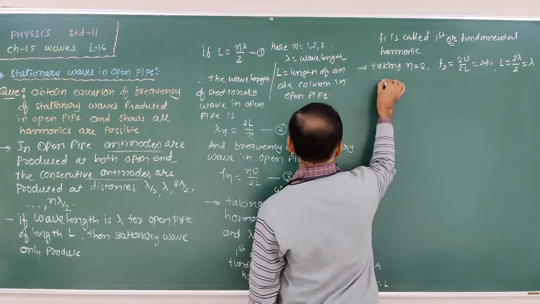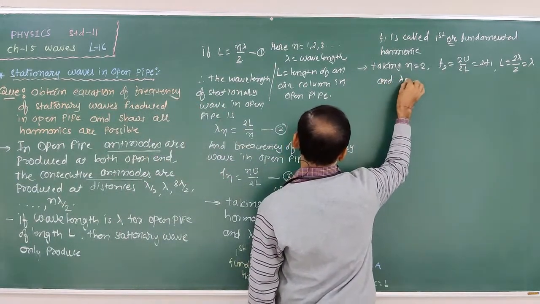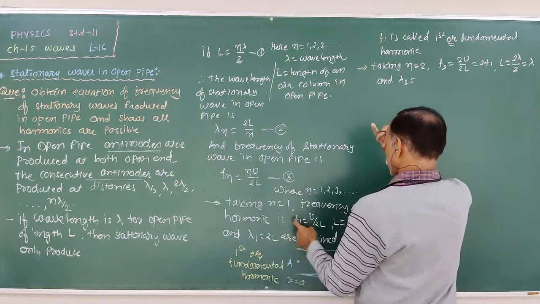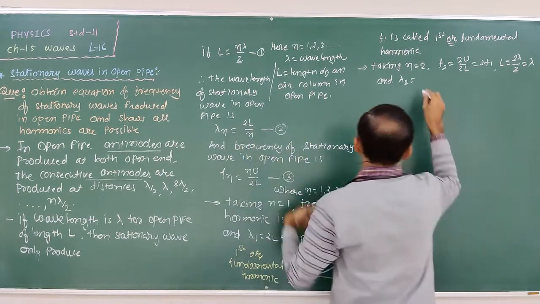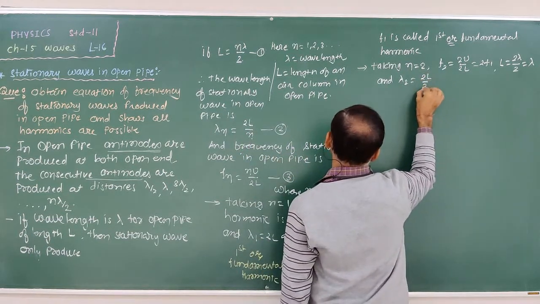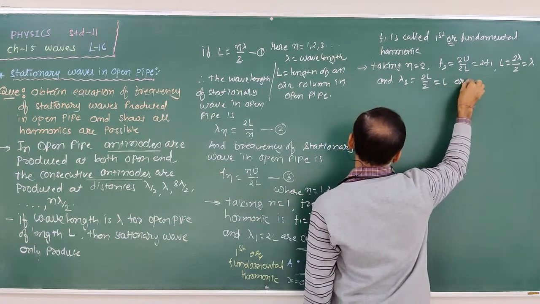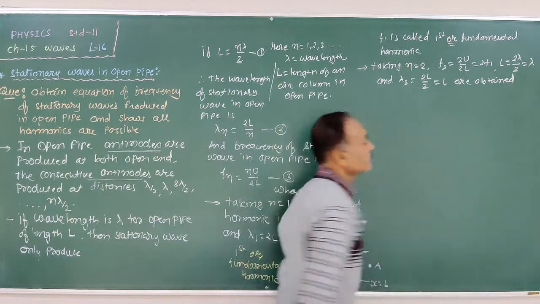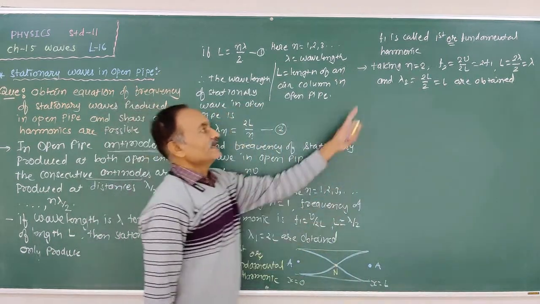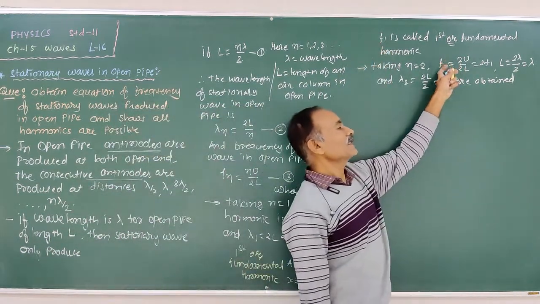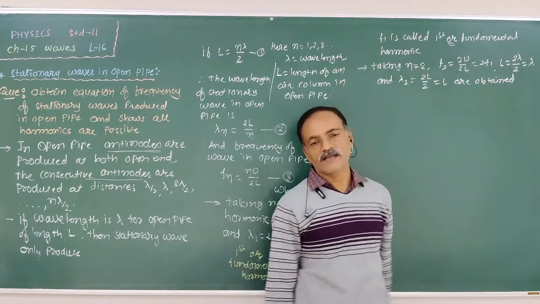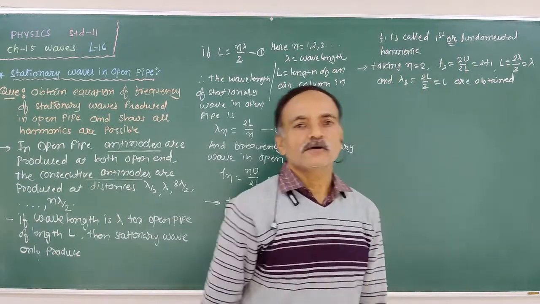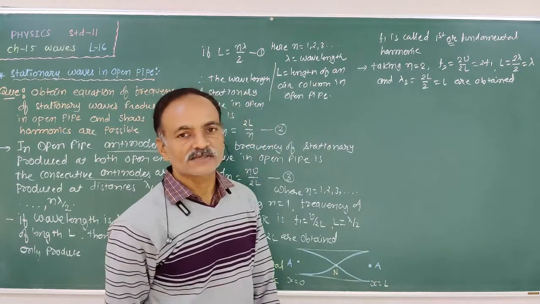And the wavelength lambda 2 is equal to L. That means the octave. Here, by taking n equal to 2, we obtain F2 equal to twice F1. That means the second harmonic or the second mode of oscillation is obtained.